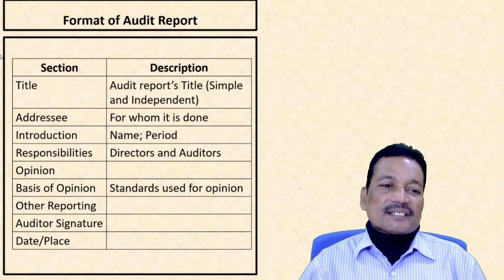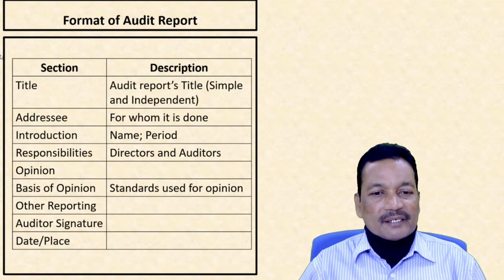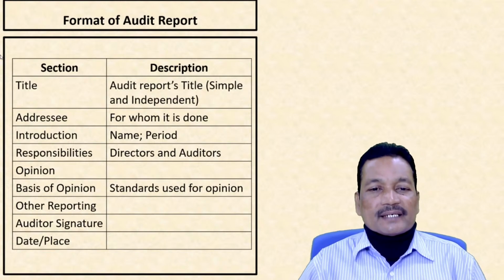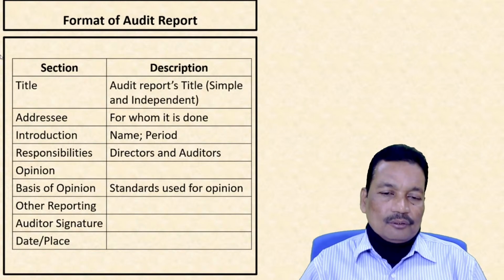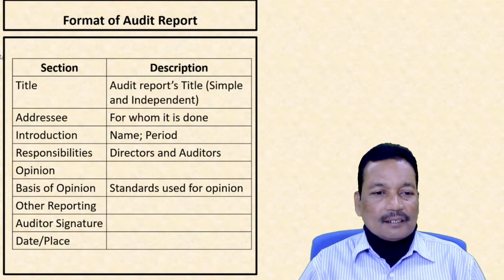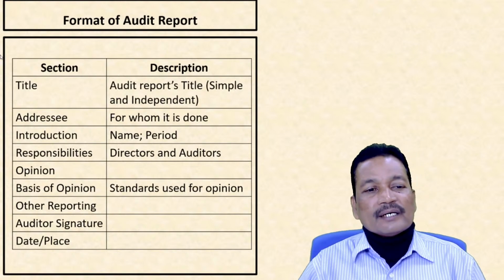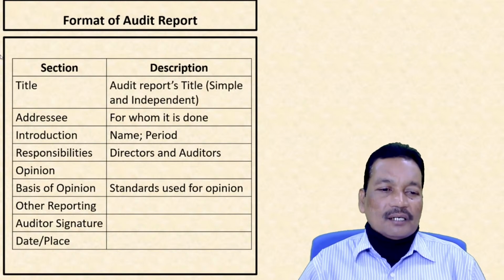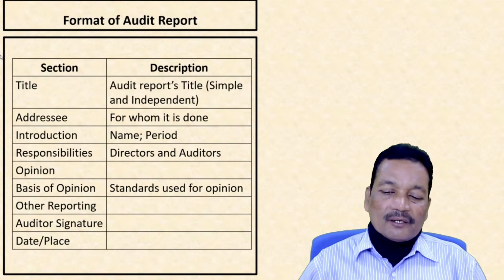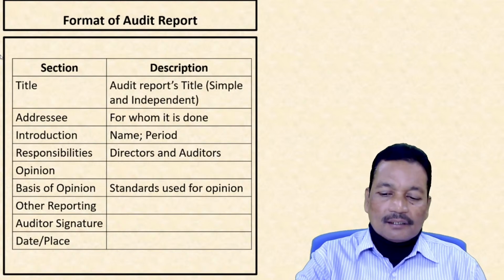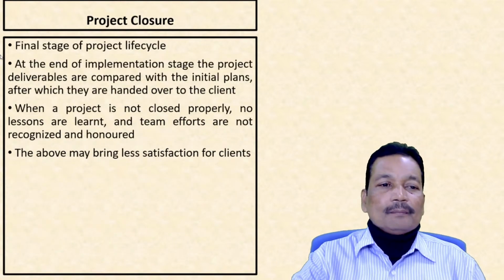Then the next section, that is basis of opinion. That means what kind of standards were used. If any other things are needed to be shown, it will be shown in the other reporting. Finally, auditor puts the signature along with date and place.